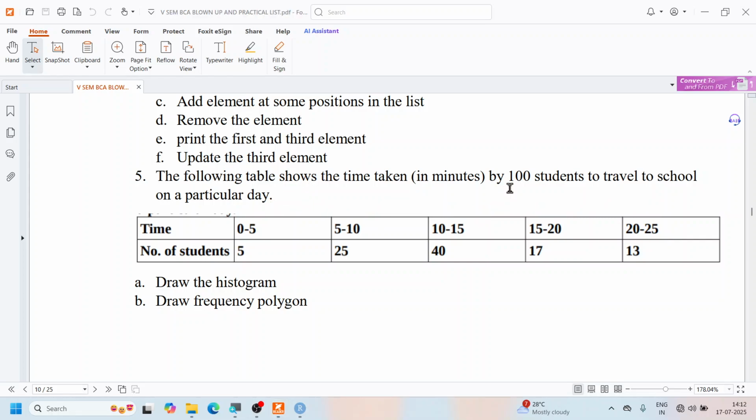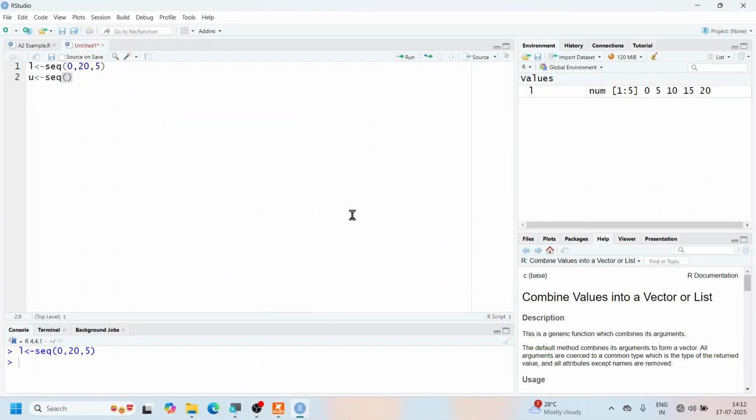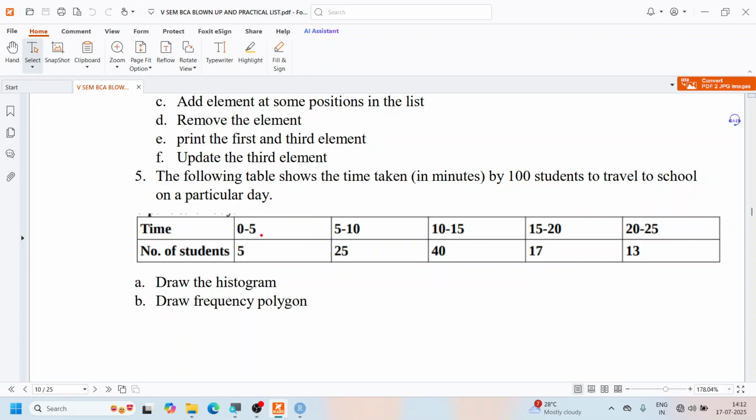Let's get one more sequence. You are starting from 5 and going up to 25, and each of them differs by 5. In other words, you are starting from 5 and going up to 25, each differing by 5.